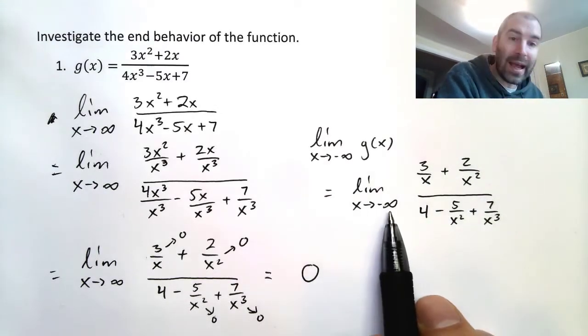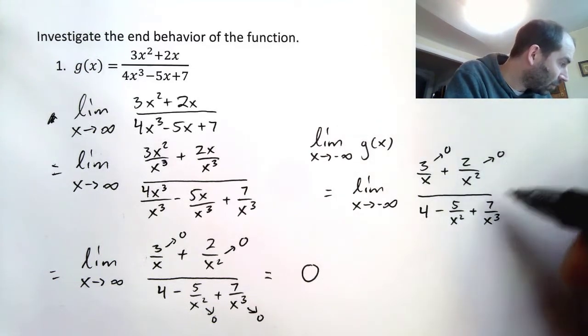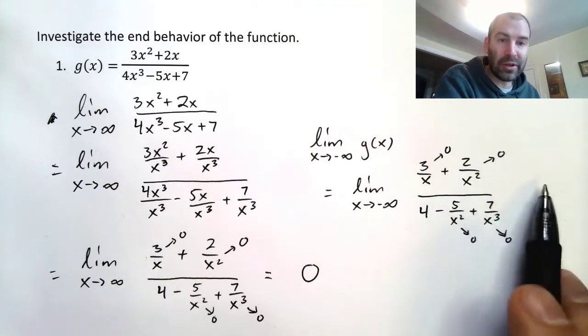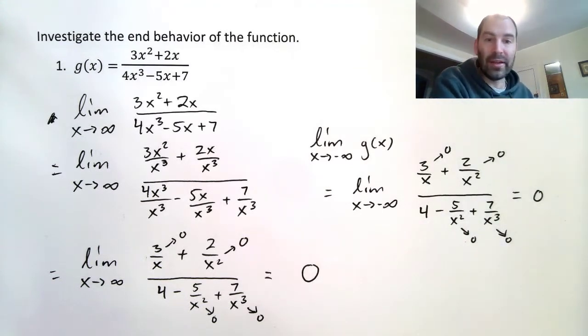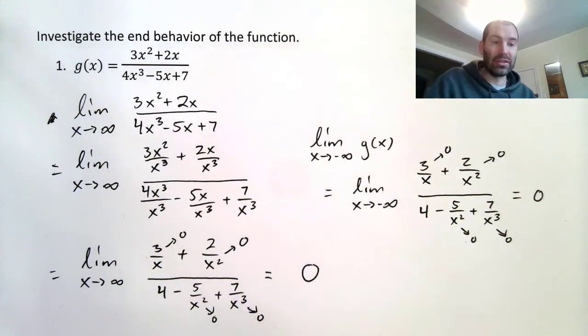And as I go to negative infinity, these still go to 0. And so the numerator is going to 0, the denominator is approaching 4, and so again, the limit is 0. So the end behavior is such that on the right-hand side, the function is approaching 0, and on the left-hand side, the function is approaching 0.